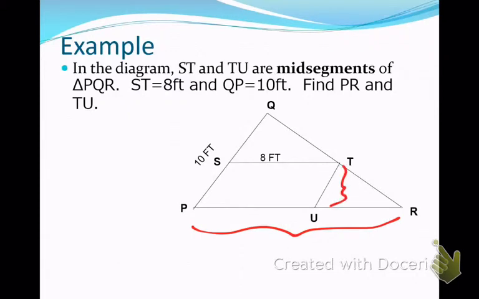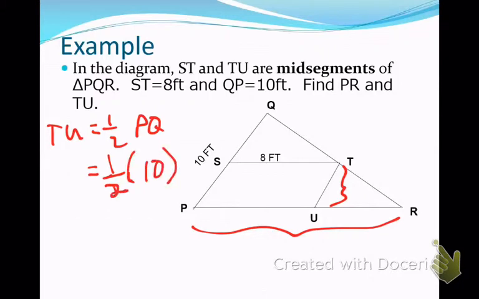Well, TU is the mid-segment, and that's half the length of PQ. This is a lot like the last example there. So TU is going to be half of 10, and therefore 5. And then the same thing pertains to ST as well.